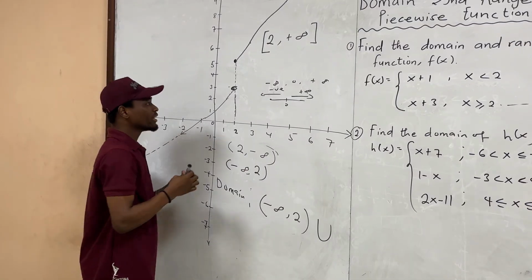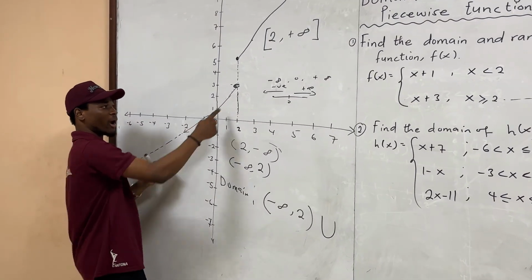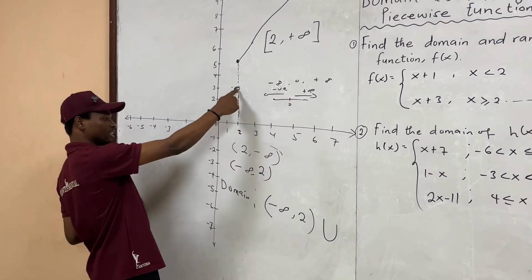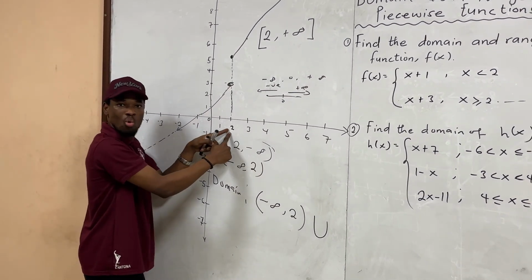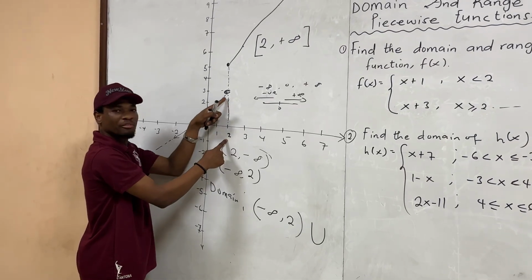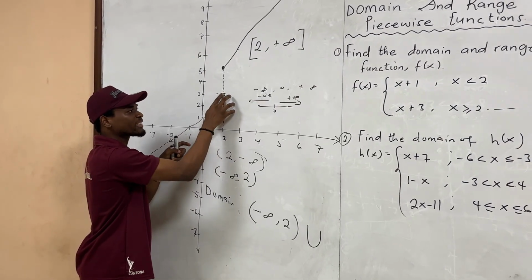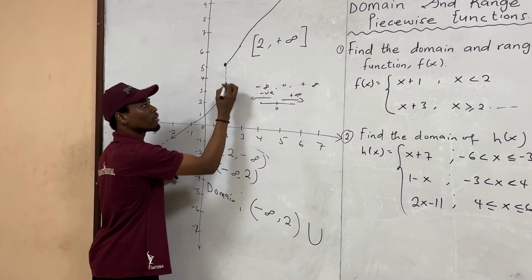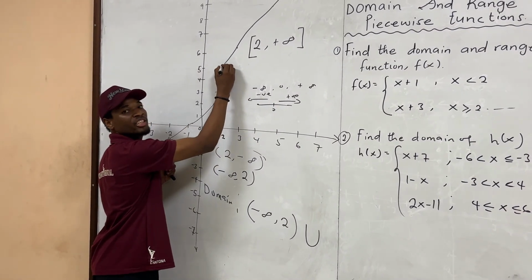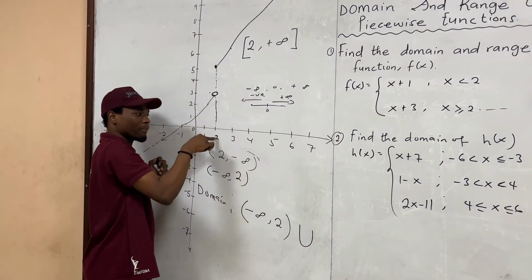So the domain of this function is here up to infinity, right? Please, it doesn't mean you are starting from 2. You are not starting from 2 because this place is an open circle. This is open, but this place is shaded. The shaded means you are starting from this 2.